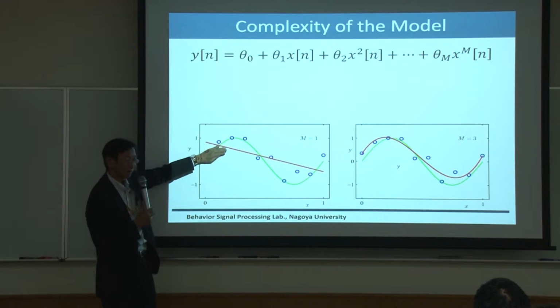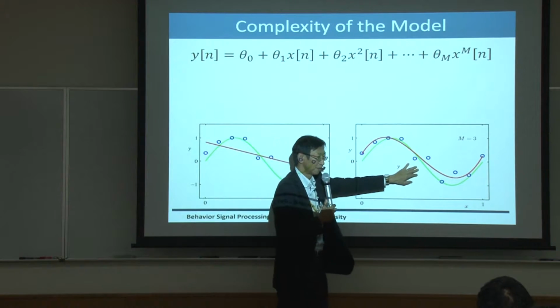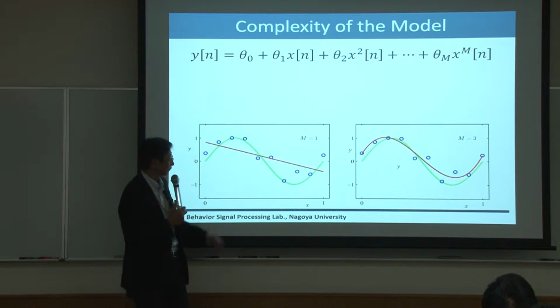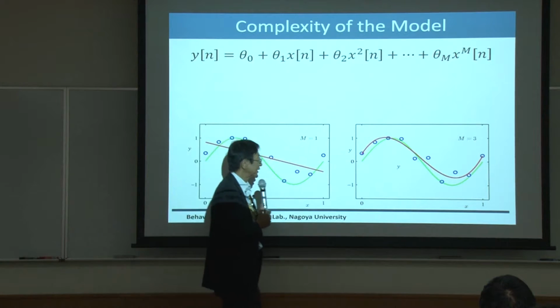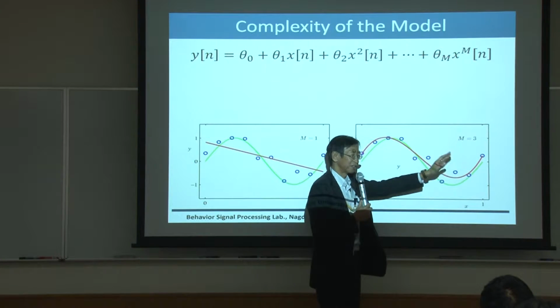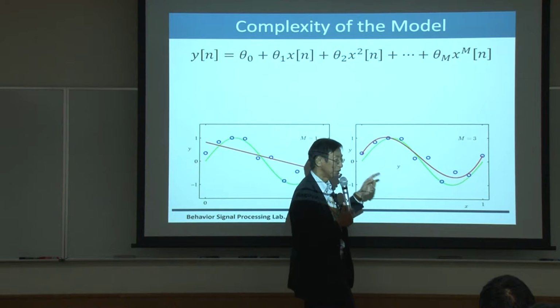Obviously, the error value is larger here than this. But we do not know the underlying or hidden true rule in almost every case, in almost all cases.